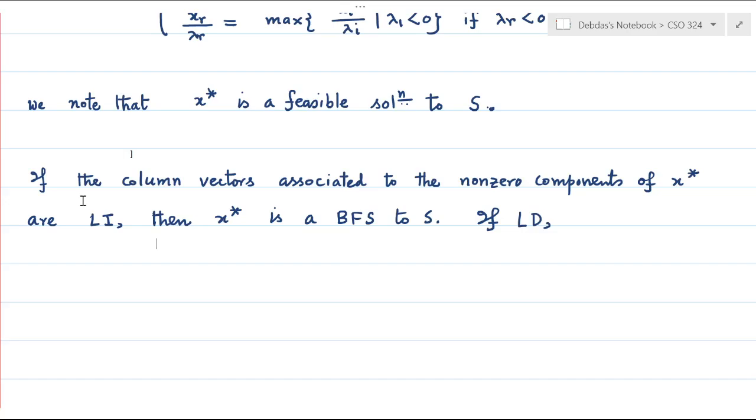So this process will end up with at least one linearly independent set of column vectors of the matrix capital A, and that will produce a basic feasible solution.